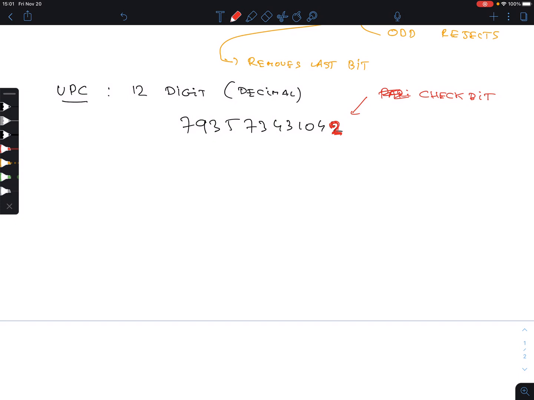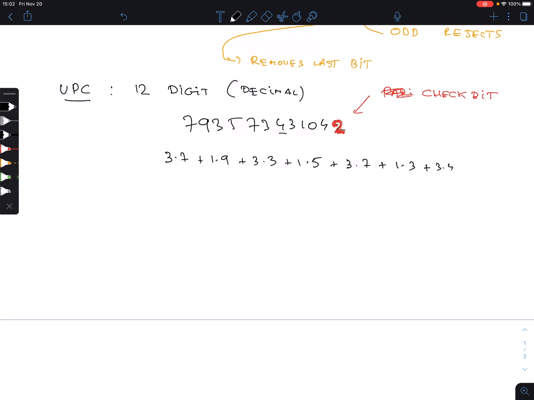So this is the rule. I'm going to write it out in this particular case. You take 3 times the first digit, plus 1 times the second digit, plus 3 times the third digit, plus 1 times the next digit, plus 3 times 7, plus 1 times 3, plus 3 times 4, plus 1 times 3, plus 3 times 1, plus 0 times 3, plus 4 times 1, no, I got it wrong.